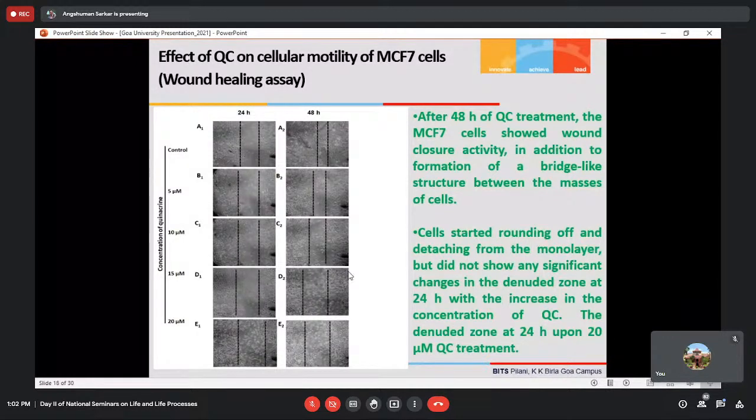Here you can see the cells started rounding off and detaching from the monolayer, but did not show any significant change in the denuded zone at 24 hours with the increase in the concentration of quinacrine. The denuded zone at 24 hours up to 20 micromolar is this much. And you can see that with 15, its maximum dose, how quinacrine is affecting the cell migration.